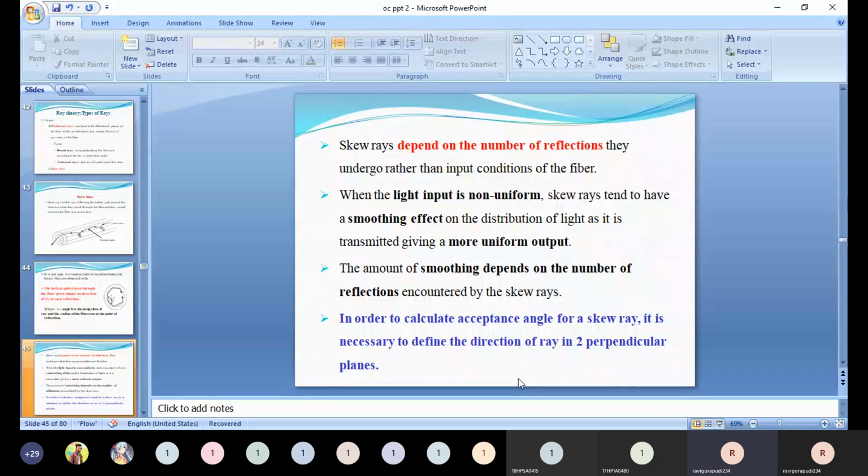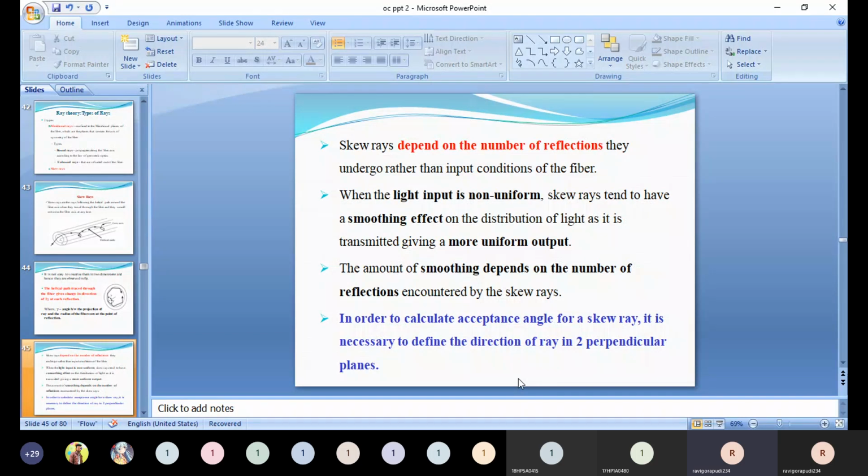Okay, these depend on the number of reflections.